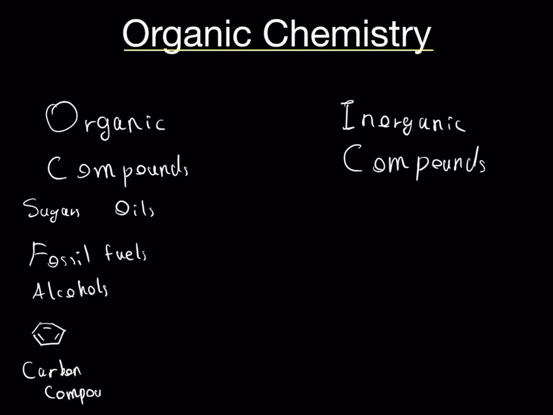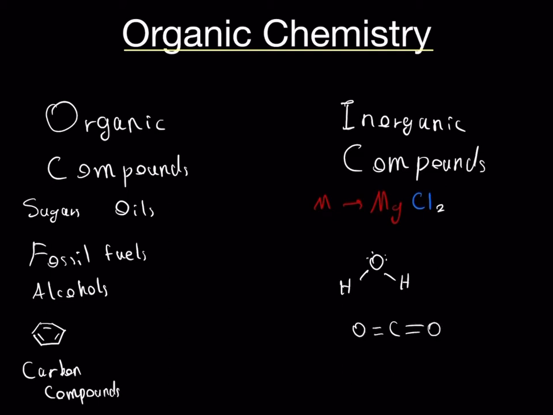Now, inorganic compounds are generally going to be ionic compounds that contain metals. So, in here, magnesium is the metal. Also, water would be an inorganic compound because it doesn't have carbon, but also carbon dioxide would be an inorganic compound.